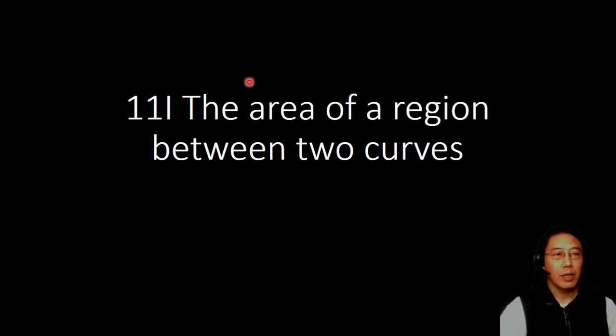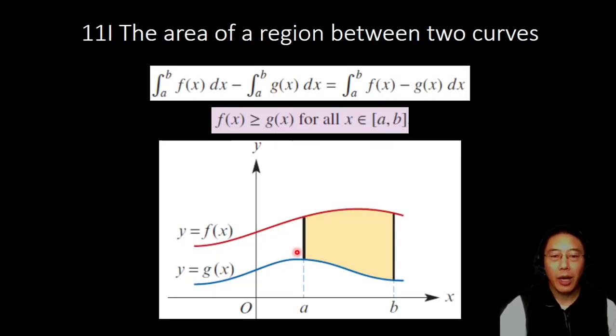Alright, with the application of that, you should be able to find the area between two curves. It's not really more difficult, so let's go straight to the concept. You have two curves, F and G. Here we look at a simple example.